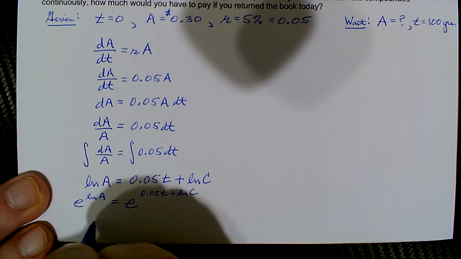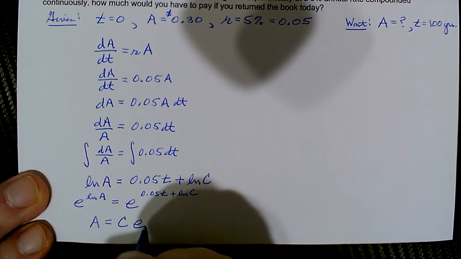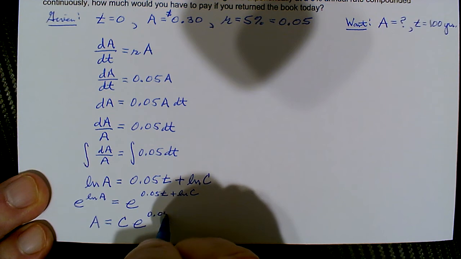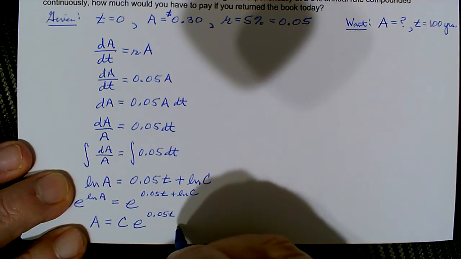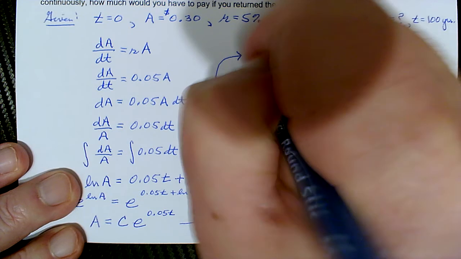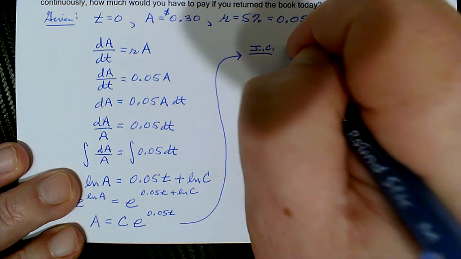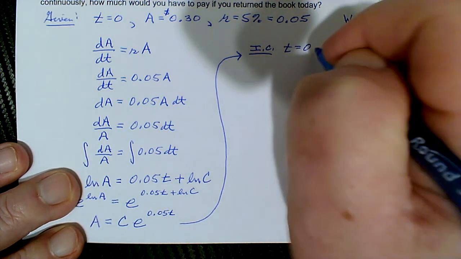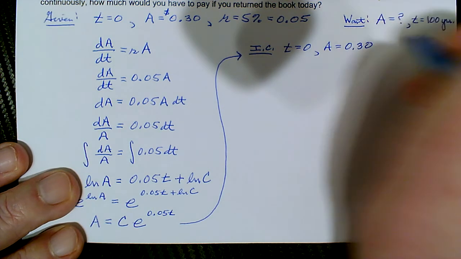So we get that the amount is c e to the 0.05t. Alright, so now I'll bring it up here for the initial condition to solve for the constant c. We have that at t equals 0, the amount was 30 cents.